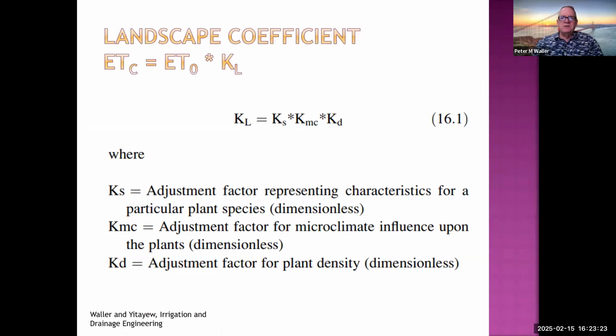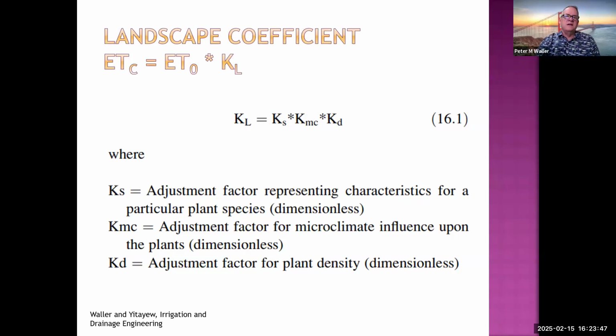Okay, this is the landscape coefficient method developed by Costello and Jones. It's quite good. I really like it. So instead of just a crop coefficient like we have in agriculture, we have a species coefficient representing the plant. We have a microclimate coefficient representing the location in the landscape. For example, if a plant is right by a street, it might be hotter.